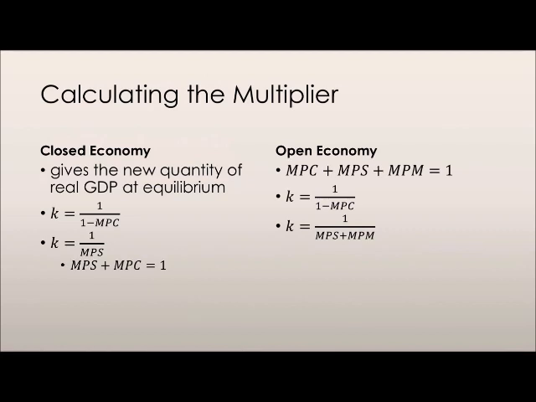And so in this case, we're going to keep the same formula. We're going to say that 1 over 1 minus MPC is equal to the multiplier. But in this case, 1 minus MPC is equal to MPS, or marginal propensity to save, plus marginal propensity to import. So our second equation is equal to 1 over marginal propensity to save plus marginal propensity to import.